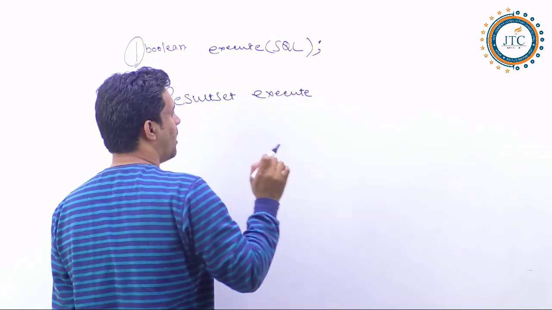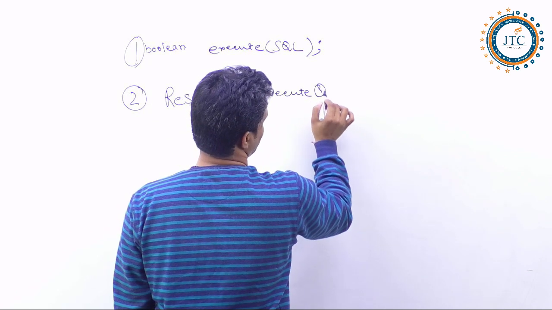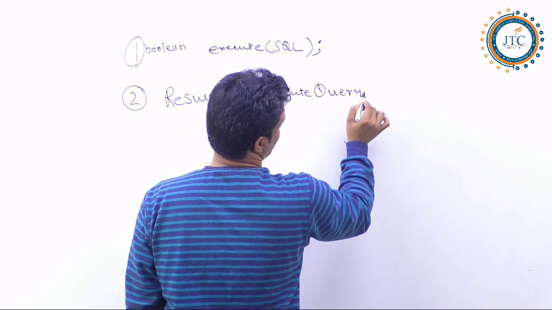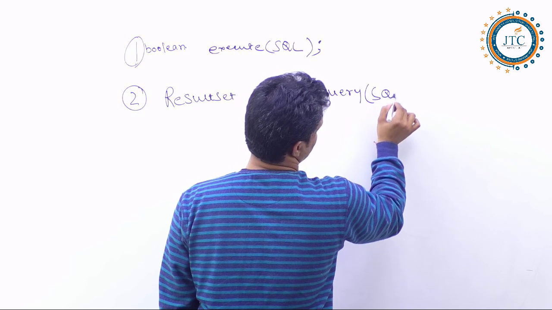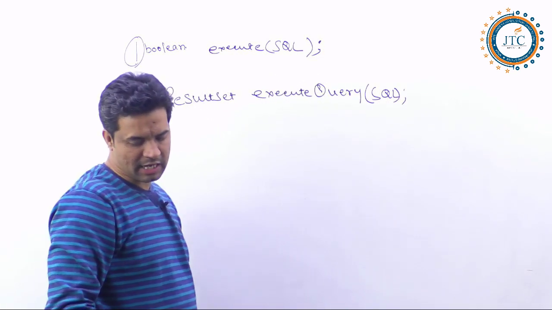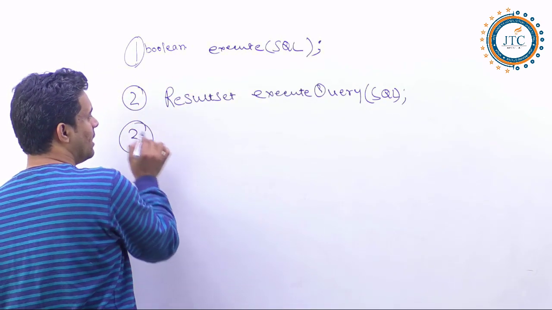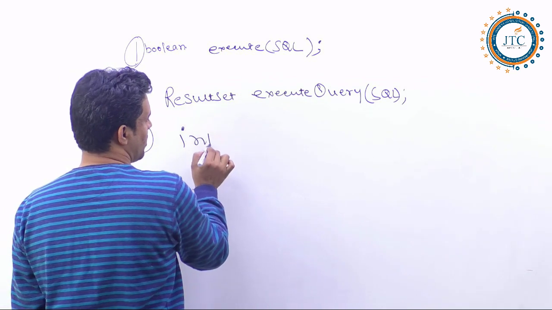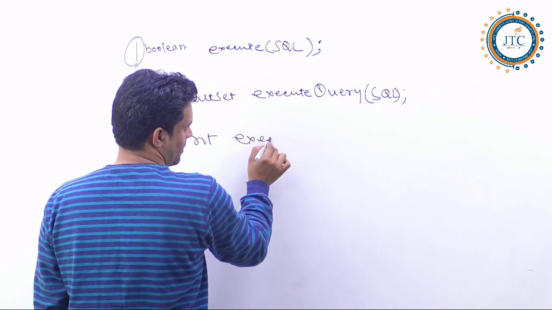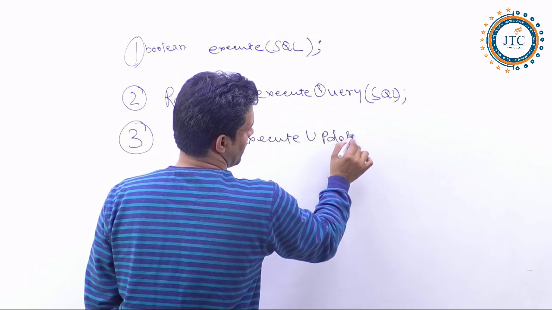Here I am writing execute query. Inside this also you pass some SQL query to the database, and with the help of that you are going to get something. The third option is an integer: execute update.